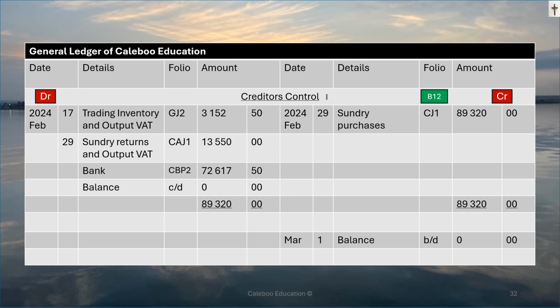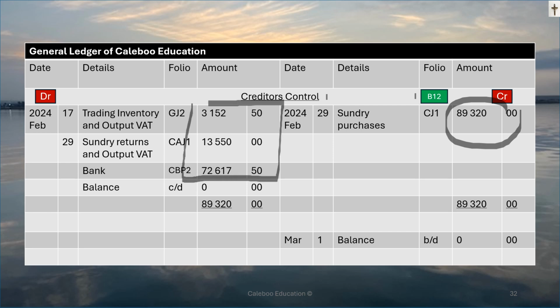There's the creditors control account, balance sheet account number 12, and if I add up the credit side and I subtract the debit side, guess what? We get 0. So the balance carried down, well, they were equal, is 0.